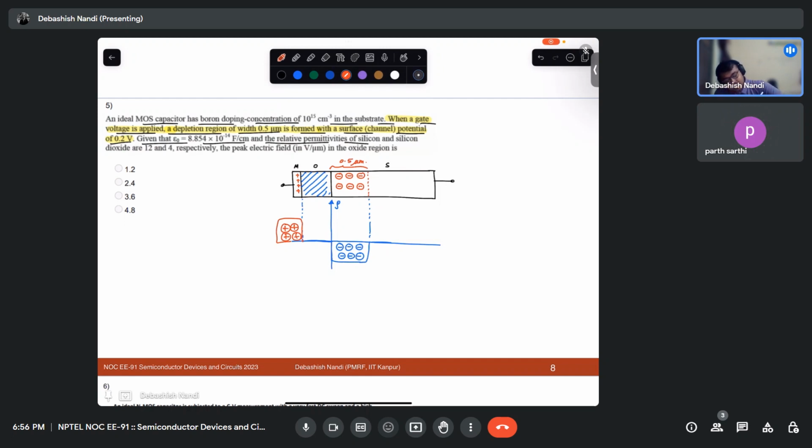What does this mean? This means that charges are over a region, right? Yes, sir. But in metal, it will be like a spike, an impulse function. Exactly, now you are getting it. I am very happy that you are able to answer that. It will be an impulse function, a sheet charge, at this interface only.